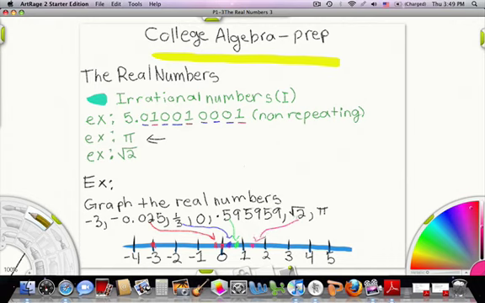Okay. And then next we have pi, which is 3.14, going on forever. And since it's non-repeating, remember it's an irrational number. So 3.14, we'll use this yellow here for pi, and we'll just say that's roughly 3.14. Oops, 3.14, and there we go.